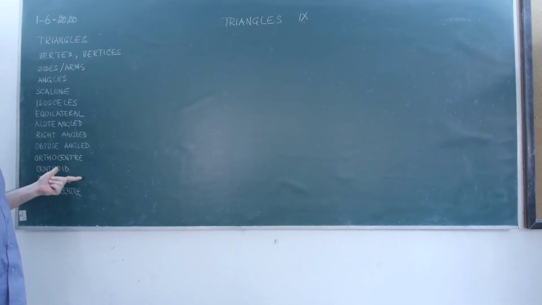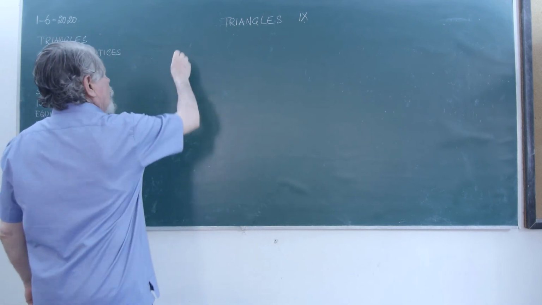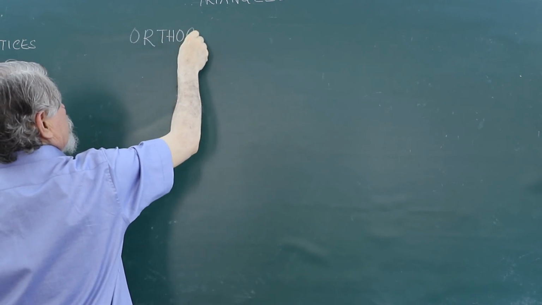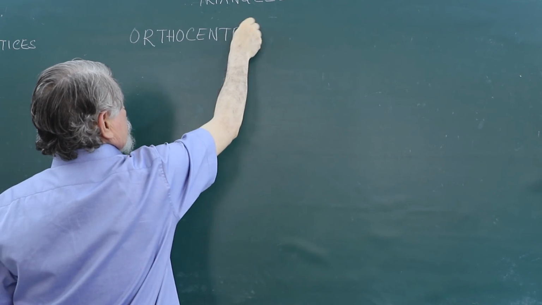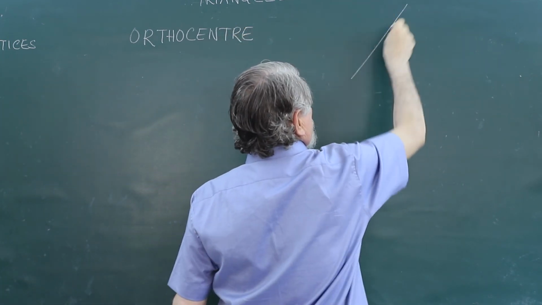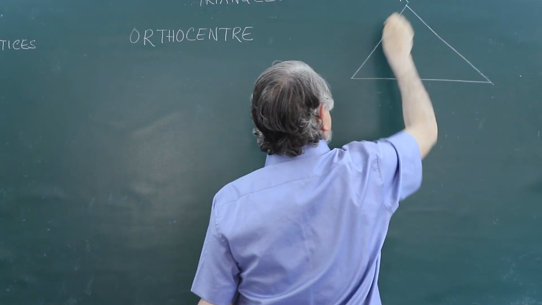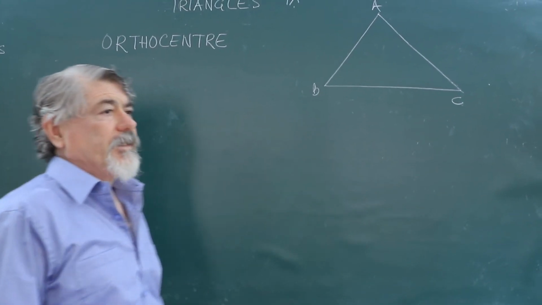There are certain other terms which are very important for triangles. First is orthocenter. Suppose ABC is any triangle, it could be any kind of triangle.